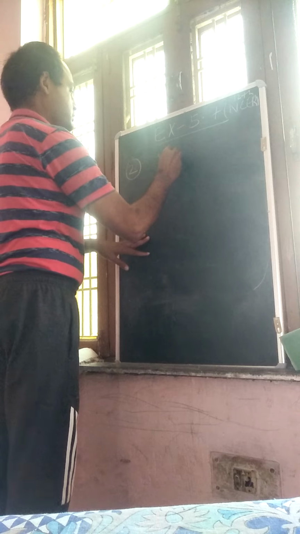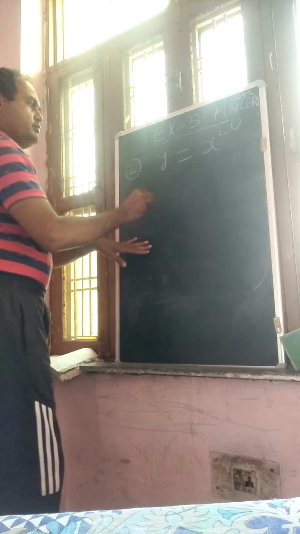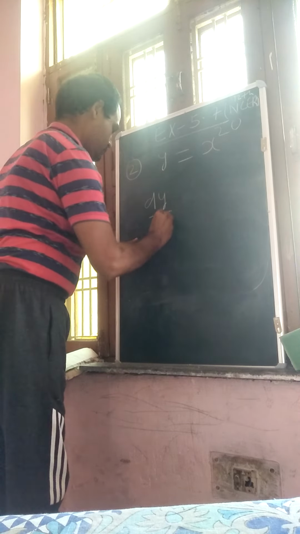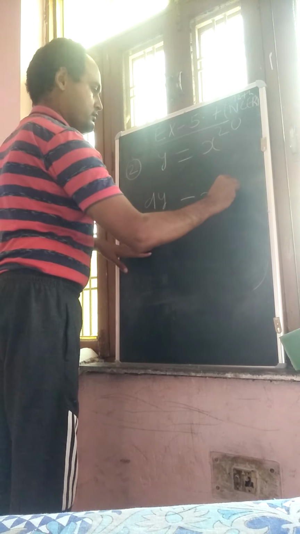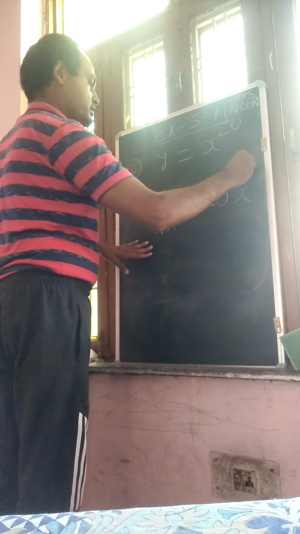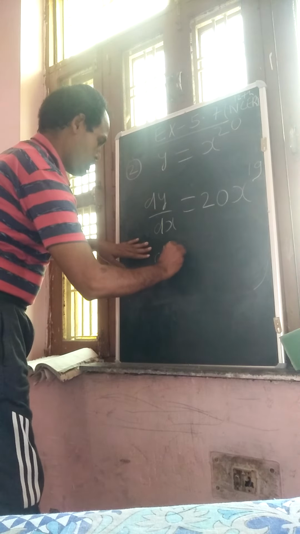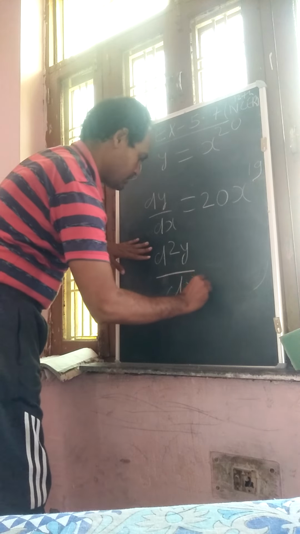Second question. y equals x to the power 20. This is the question. The first derivative is dy by dx, and this is 20x to the power 20 minus 1, which is 19. It is very easy. Then d square y, also called the second derivative.